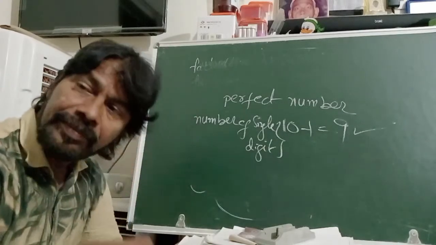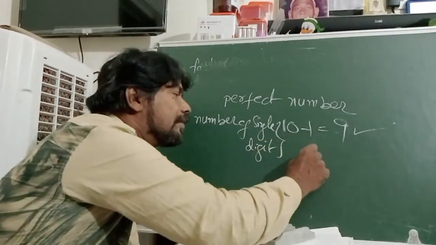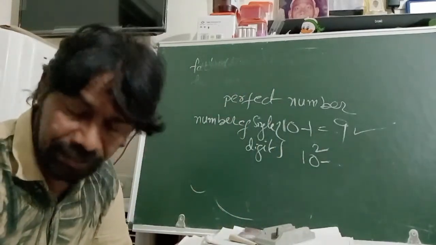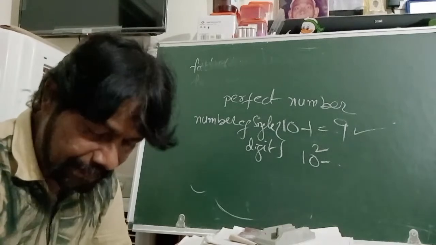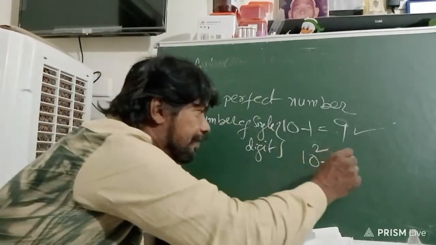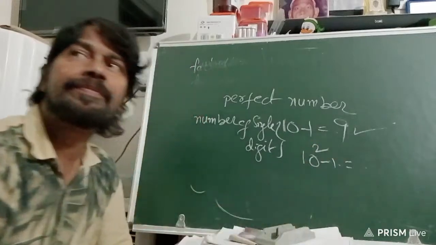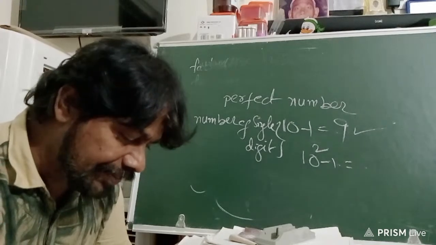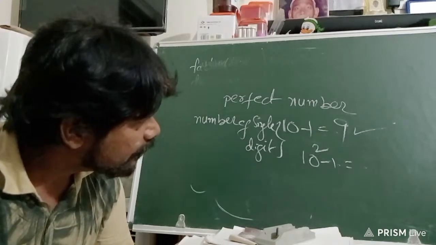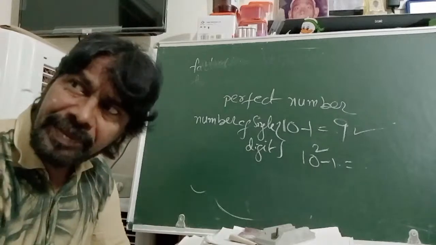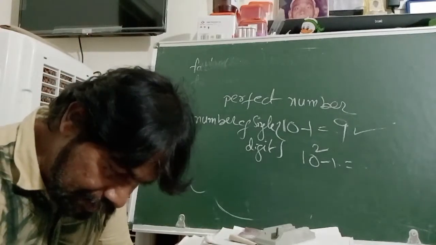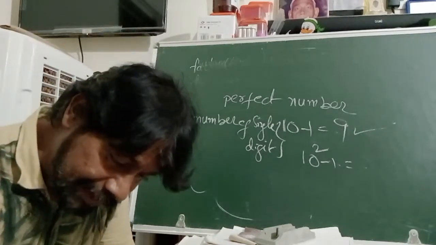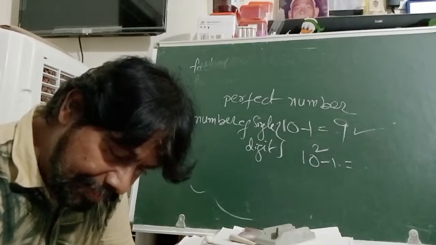So 10 square minus 1, that is 100 minus 1.